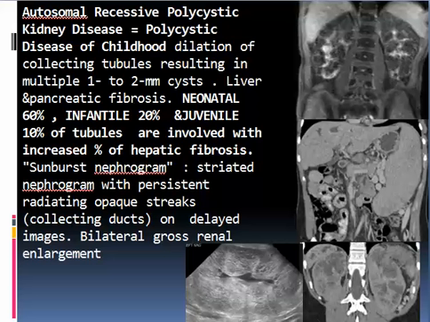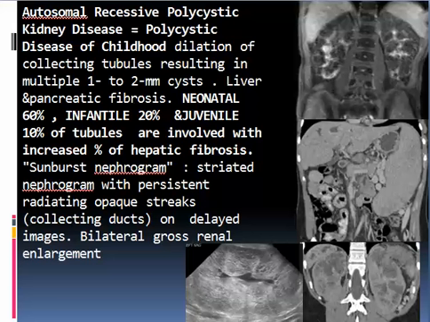Liver and pancreatic fibrosis may be there. Neonatal in 60%, infantile in 20%, juvenile in 10%, and all involve the collecting tubules.